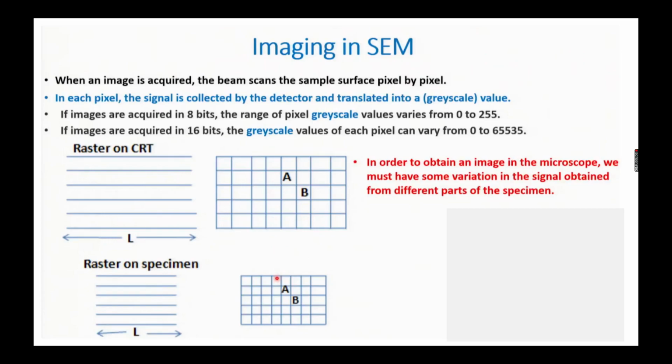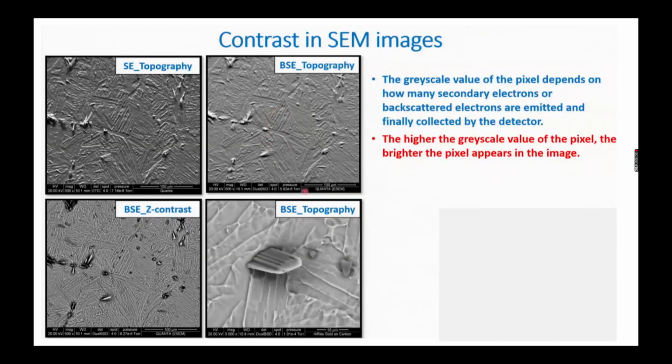If images are required in 8-bit, the range of the pixel will vary from 0 to 255, and if it is 16-bit, then the grayscale value of each pixel can vary from 0 to 65535.